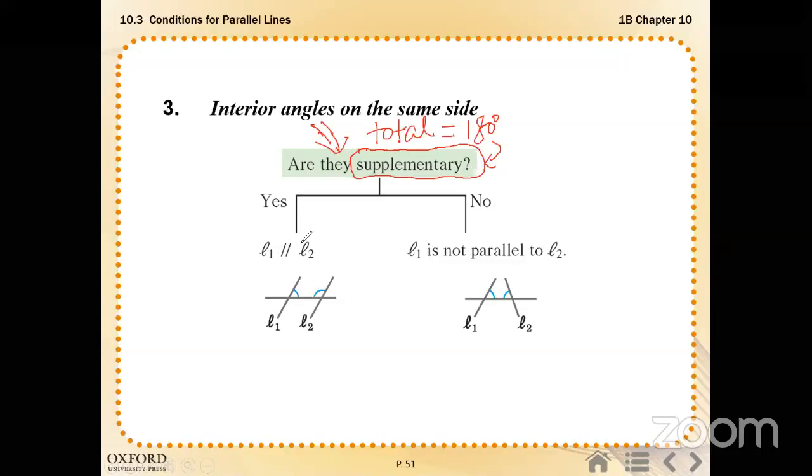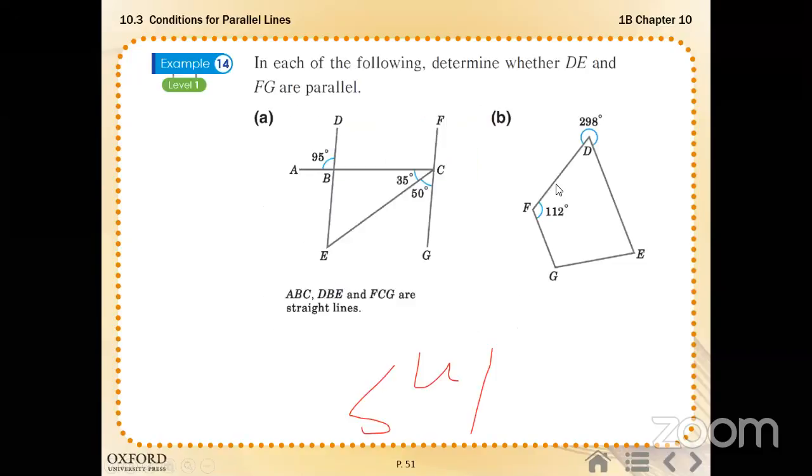Therefore, if I add the two interior angles together, if I get the total to be 180 degrees, then we say that the two lines are parallel, otherwise not. Then we can move on to look at some examples. We use SUPP, the short form.